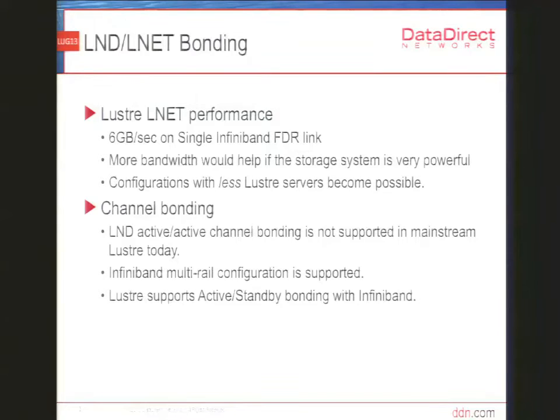More bandwidth is very helpful if the storage performance is more powerful, or if we want to reduce the number of OSS servers. As for channel bonding, there have been several discussions in Lustre's history, but at this moment, active channel bonding is not yet supported in mainstream Lustre for the Infiniband network driver.